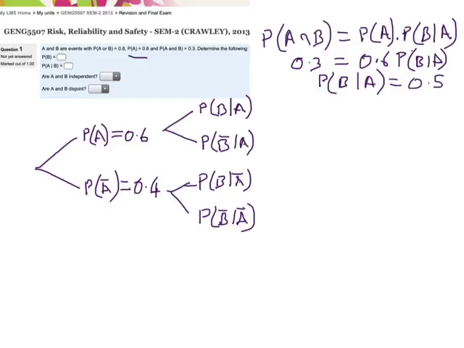So we'll put that one in there, 0.5. And that must mean that the probability of not B given A is also 0.5, because the sum of those two must be 1. Okay, what else? What other piece of information do we have?